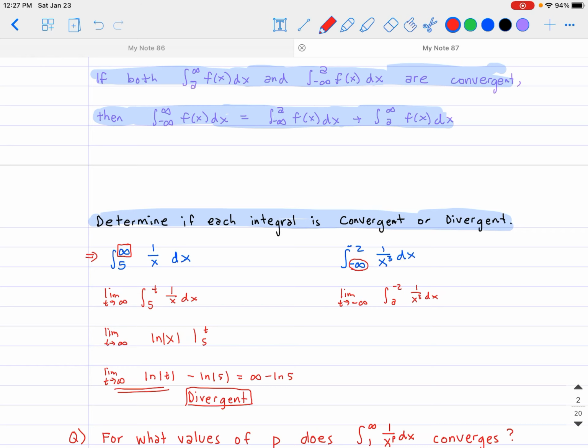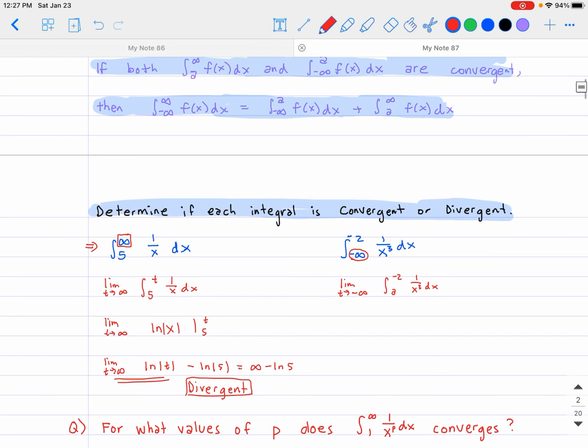Same as before, we're going to solve for the antiderivative first. The antiderivative in this case is going to be negative 1 over x squared, and, if I'm correct, there's going to be a 2 on the bottom because of the reverse power rule. And your boundaries are going to be from t to negative 2.